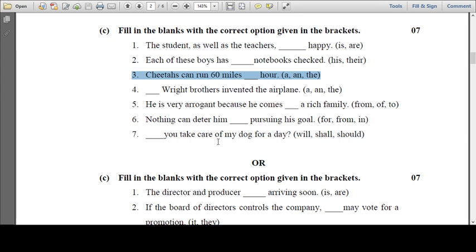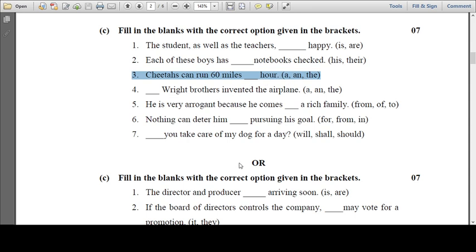I'm giving you the answer "an", because if we see consonant and vowel, then "hour" starts with H, but the pronunciation is from the vowel sounds AEIOU. It means it starts with a vowel sound, and that is why the answer will be "an".